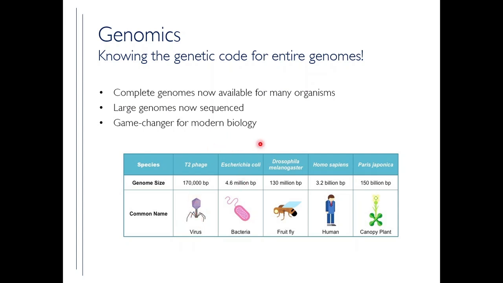And actually, as the years have gone on, we've been able to sequence more and more genomes and larger genomes. So we have actually the human genome, so 3.2 billion base pairs. And actually, the largest genome known currently is this particular plant, 150 billion, which is quite astounding.